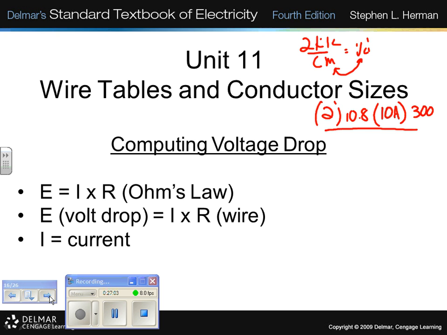The 4110. That will tell us how much voltage drop we would have if we run 14 out there. Now I think we're going to have more than 3.6 volts. Let's multiply that out. 2 times 10.8 times 10 times 300 is equal to, and then divide that by 4110. What do we get?